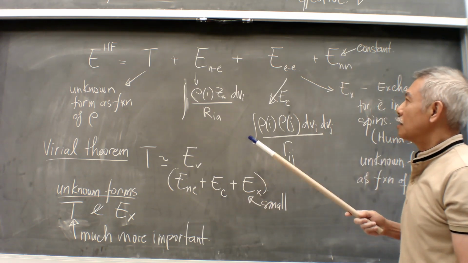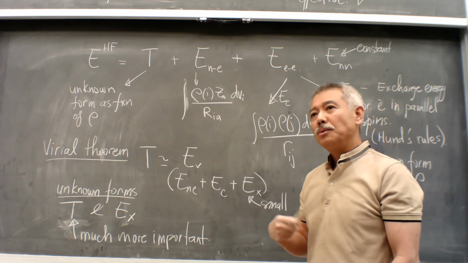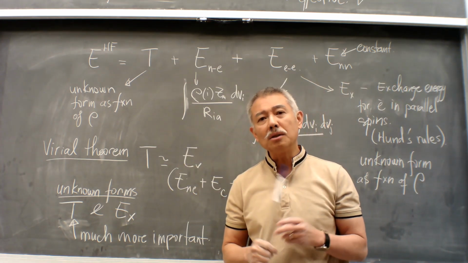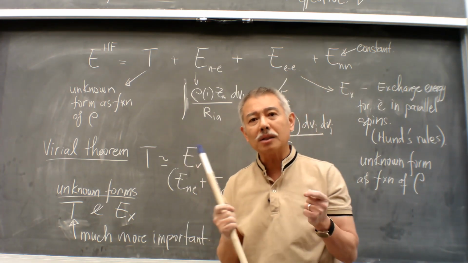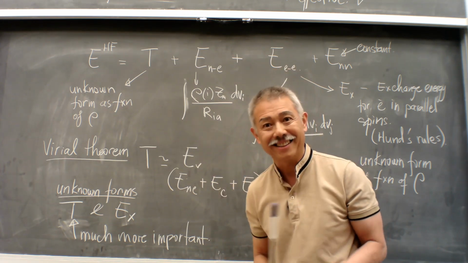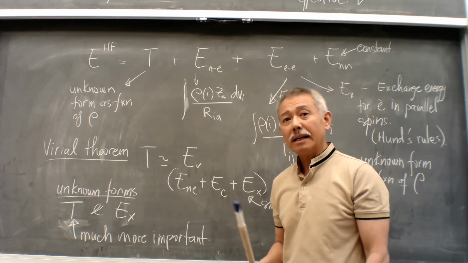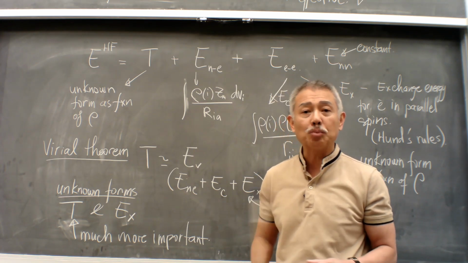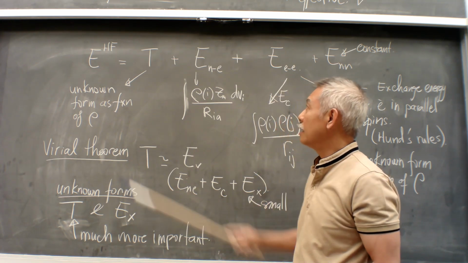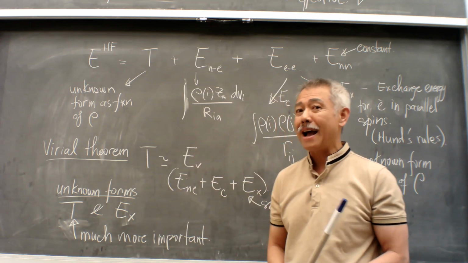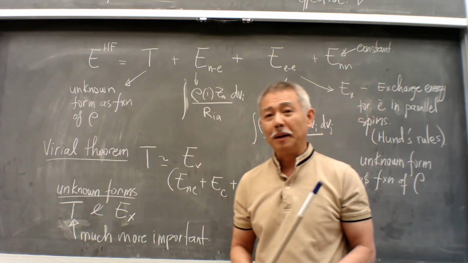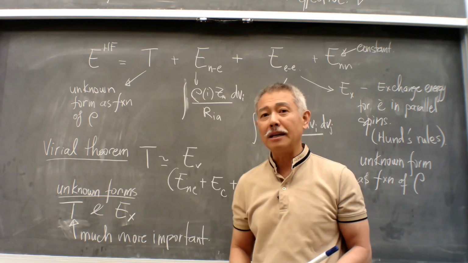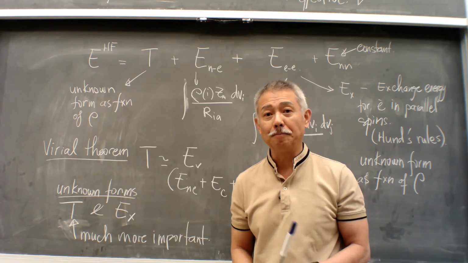Now remember, density functional theory assumes that you can express the energy as a function of density. So let's look at each term to see if we know how to express it as a function of density. Kinetic energy, nah, there's no known form as a function of density. We don't know how to do it.